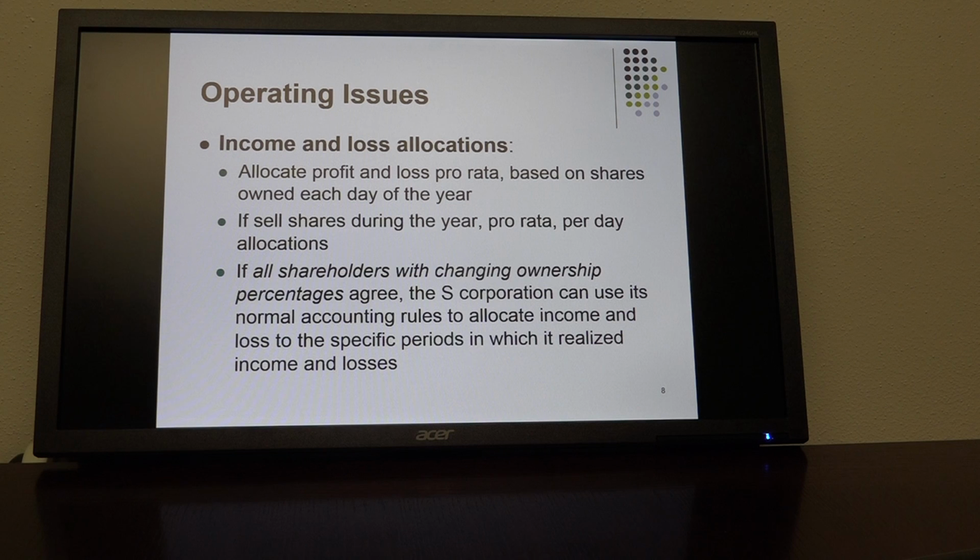That's that substantial economic effect rule. Here you can't make special allocations to particular S Corp shareholders. The profit and losses of the S Corp have to be allocated on a pro rata basis based upon the percentage of ownership of a particular shareholder for each day owned during the year.